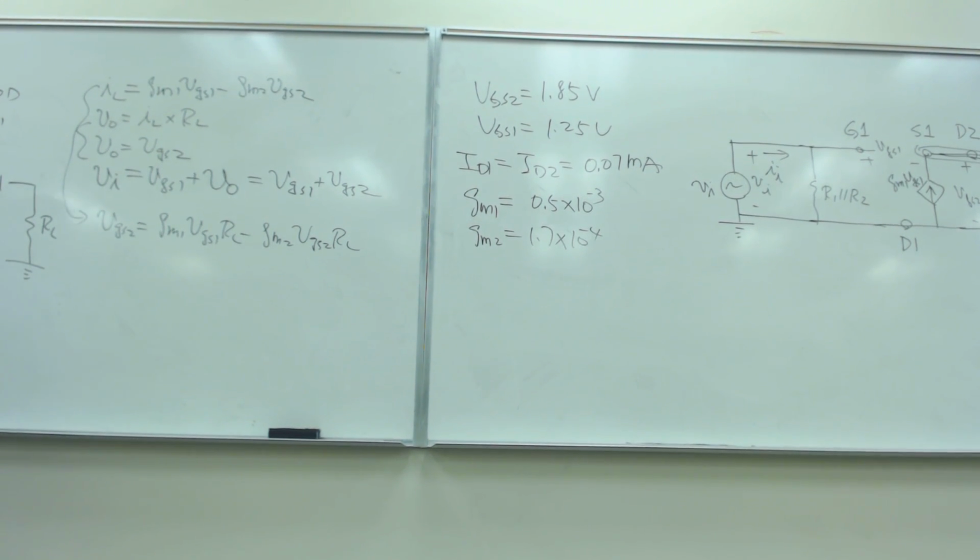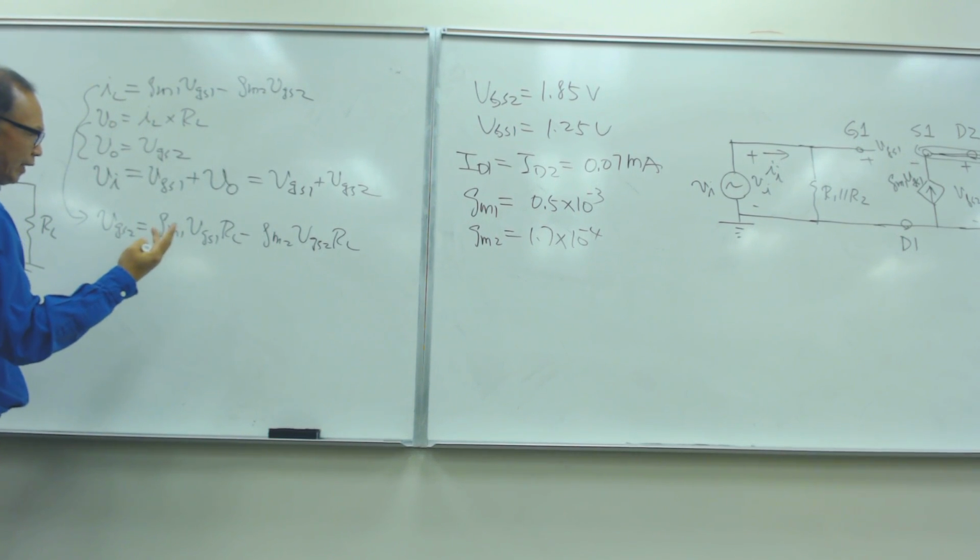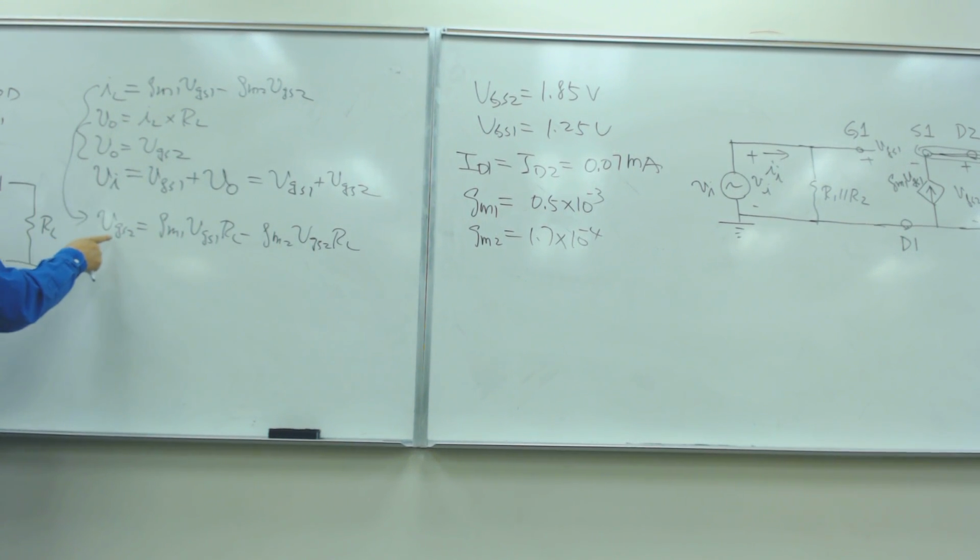So what I'm trying to do is find the expression of VGS2 in terms of VGS1, right?